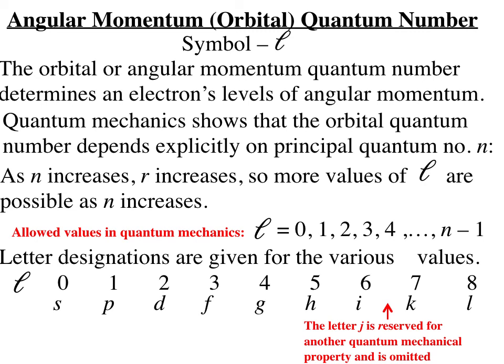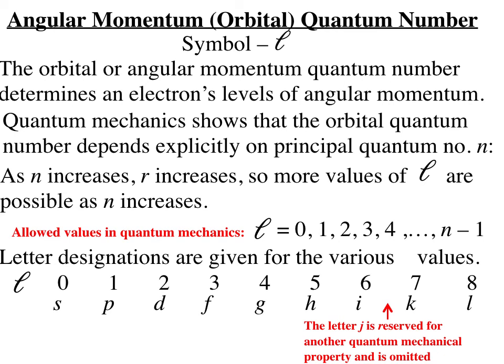So if you solve the complex equations of quantum mechanics, which we are not going to do, we are just showing the results, and we're showing the integer results for what is allowed for angular momentum values for an electron zooming around circularly around the nucleus.